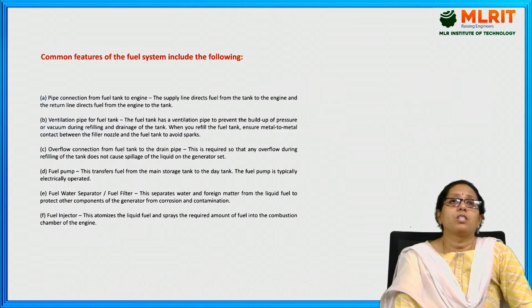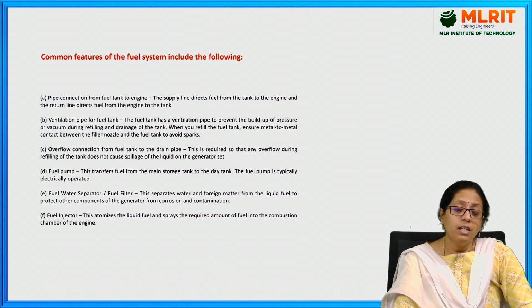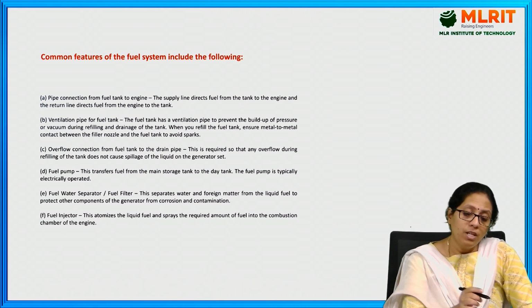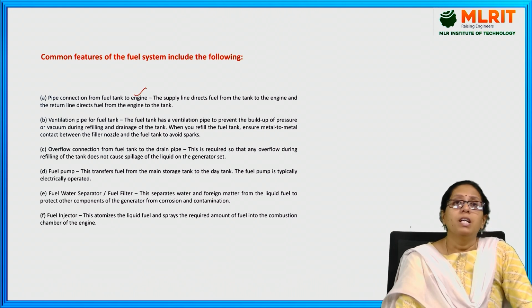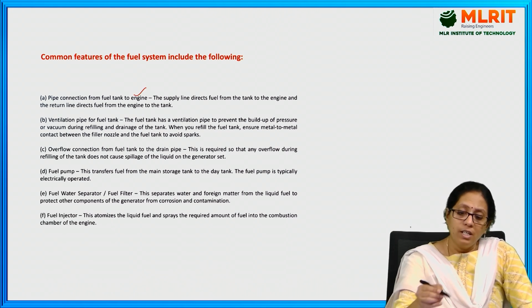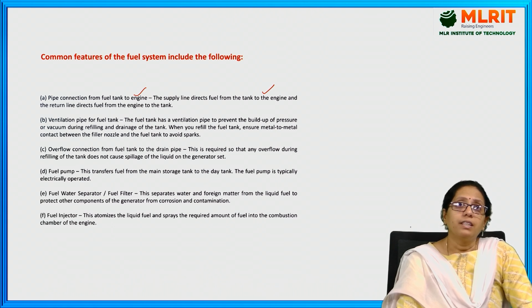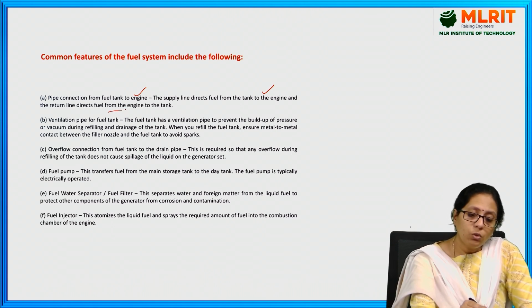Common features of the fuel systems include the following. The pipe connections from tank to engine supply fuel from the tank to the engine, and the return line directs fuel back to the tank.